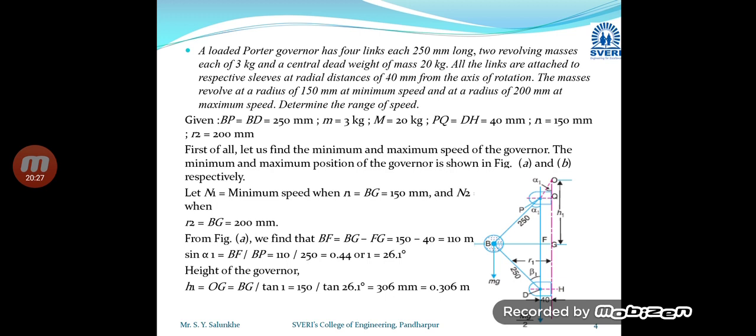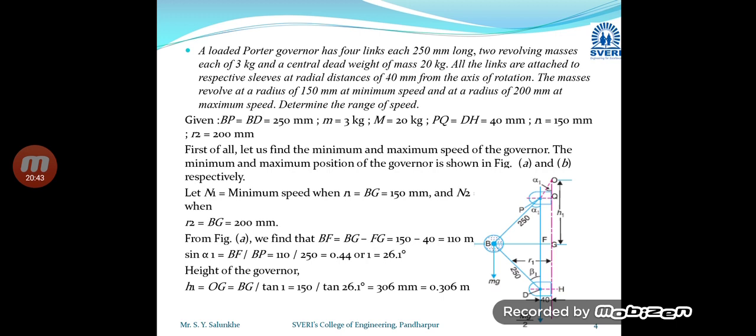BF we have just calculated as 110, and BP is 250 millimeter. We can take the sine inverse and get the value of alpha 1. This alpha 1 is equal to 26.1 degree.